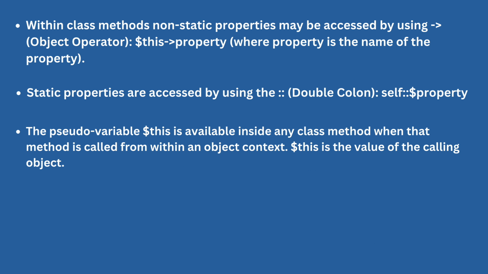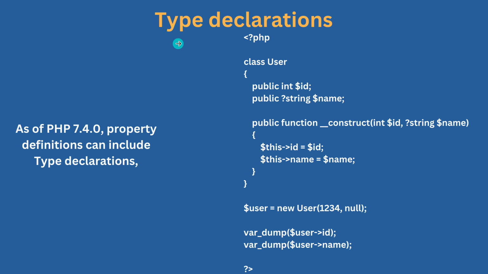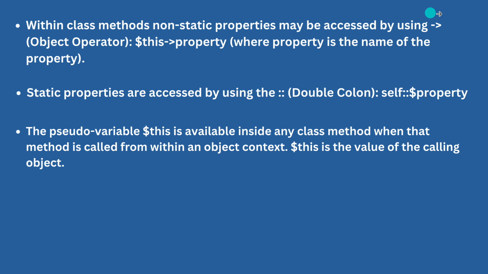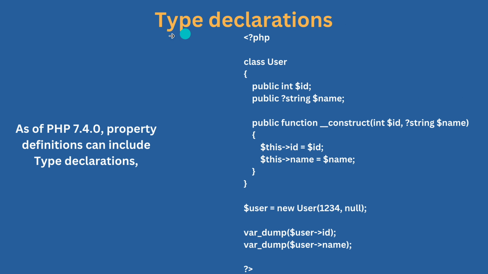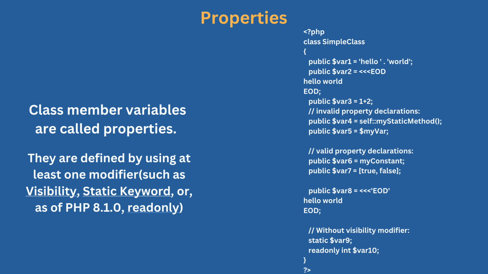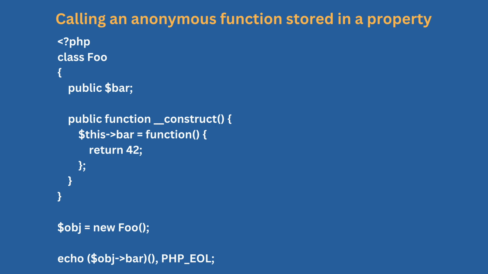So what it means is, within a class method, non-static properties may be accessed using the this arrow operator. You use this operator to access the properties. Within the class, how can I access this one?